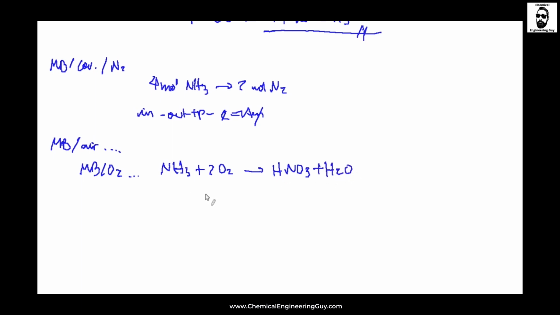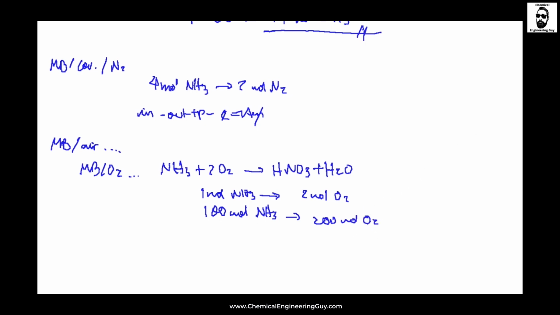So we know that 1 mole of NH3 needs at least 2 moles of oxygen to have this reaction. So the 100 moles, I'm going to suppose it reacts completely by definition, so it's 200 moles of oxygen, the amount that I need.